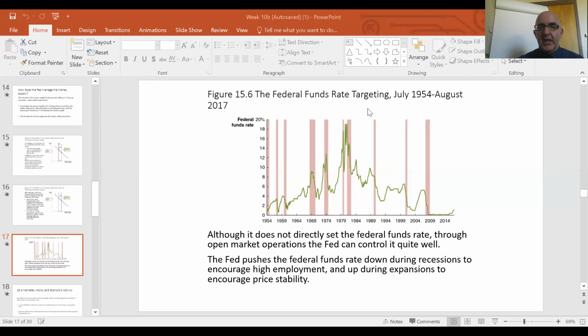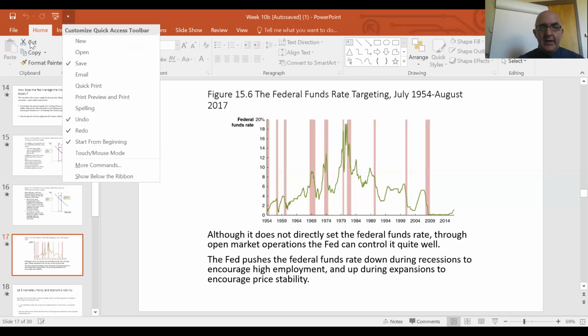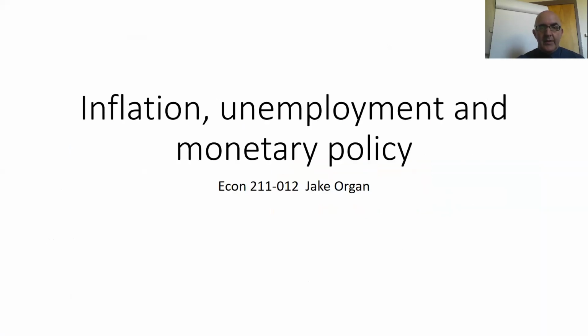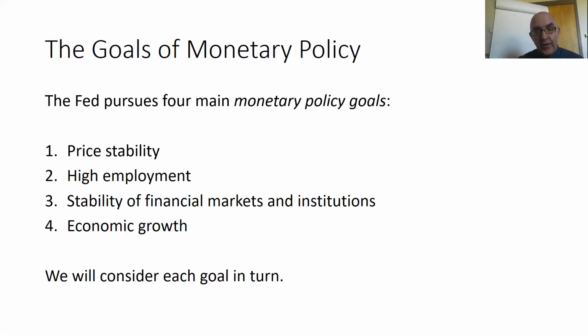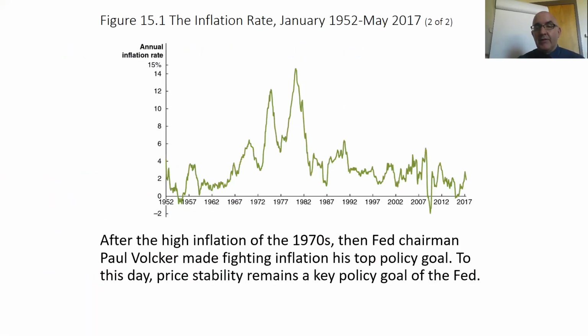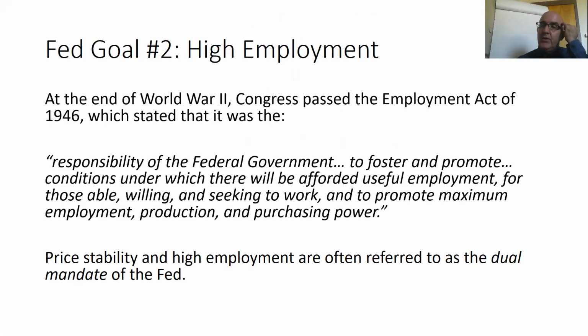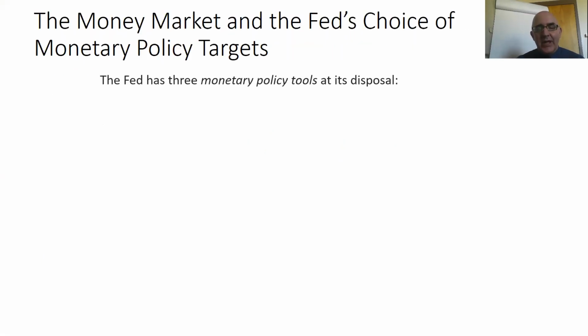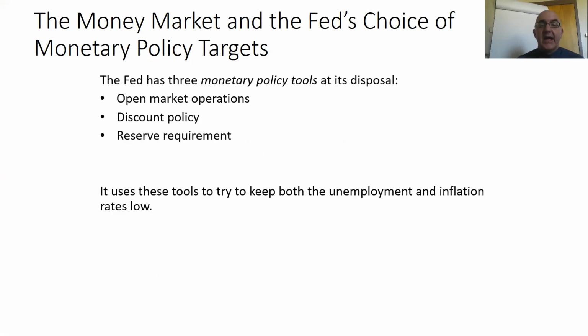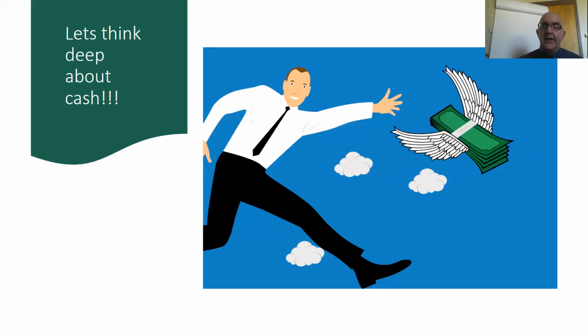So when we finished on Tuesday, we were looking at the way the Fed manages, expands and contracts the money supply. And we realized that the reason they were doing that was to change the interest rate, and how key the interest rate is, and how that affects so many things.